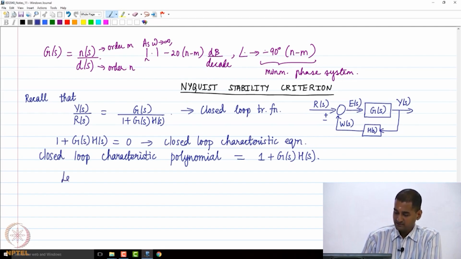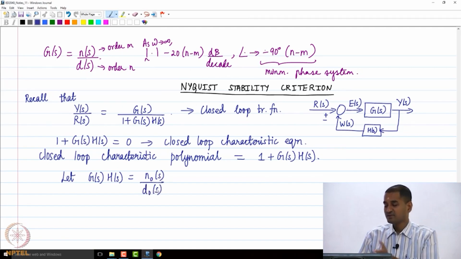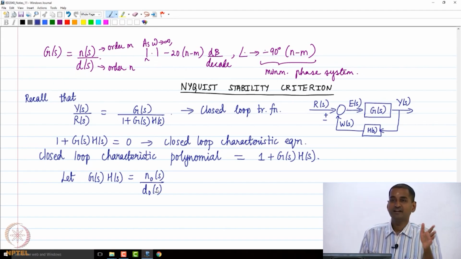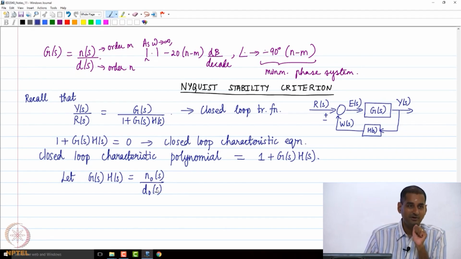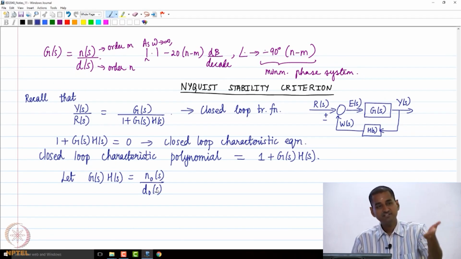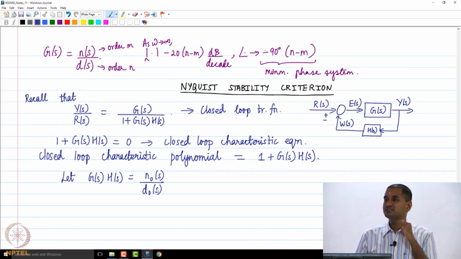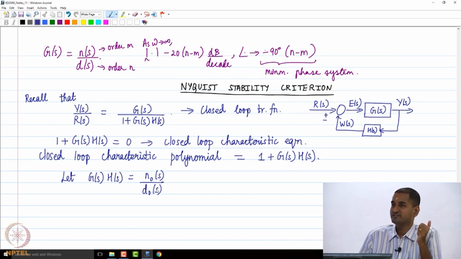So, let g of s times h of s be NO of s divided by DO of s. I am using the subscript O to indicate that this is the open loop transfer function's numerator and denominator. In general we write any transfer function as a ratio of two polynomials in s, numerator polynomial n of s and denominator polynomial d of s. That is what we have been doing. So, I am just writing it as NO of s divided by DO of s.